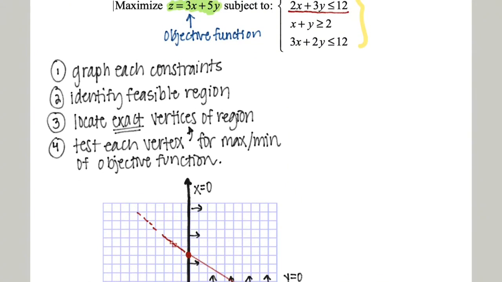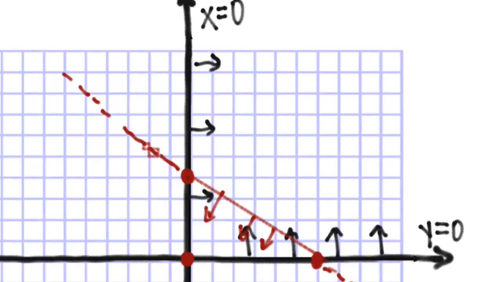If I put a 0 in for x and y, I'd be looking at this point right here. Is 0, 0 going to make that inequality true? It does, so we will shade below. So right now I'm in this triangular region right here.